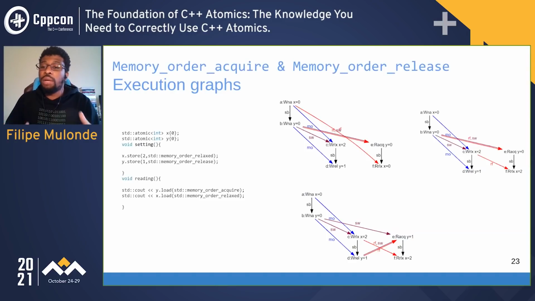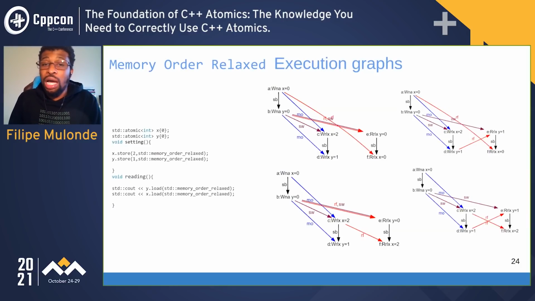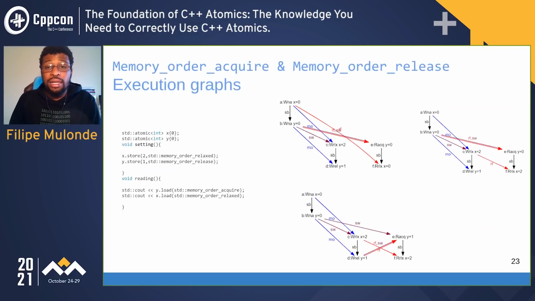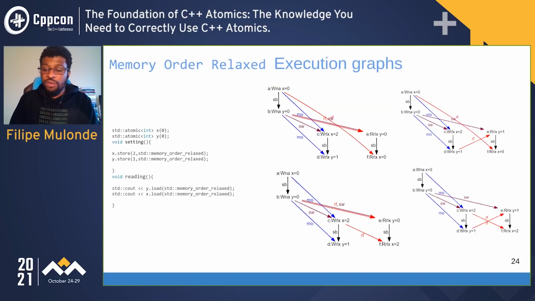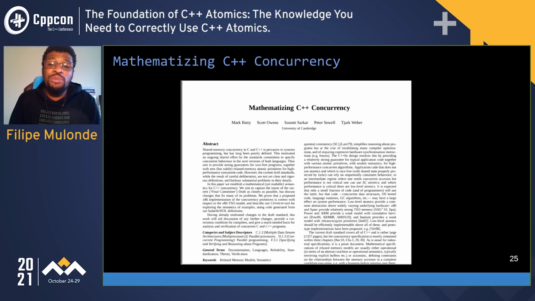And the C++ programming language also provides the acquire and release memory models. Again, we will have a special talk where I will cover the C++ memory model. And the C++ programming language also provides a weaker memory model, that is the relaxed memory model. And if you want to understand these execution graphs, Mathematizing C++ Concurrency is the paper to read.